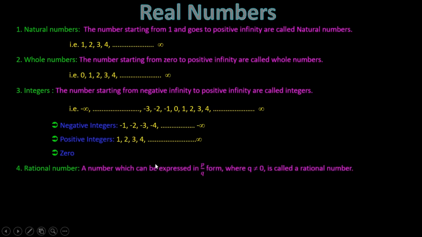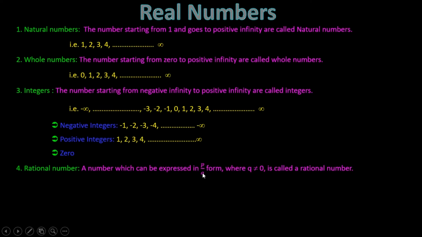And then we will see rational numbers. Rational numbers are also inside the real numbers. A rational number is a number which can be expressed in p by q form, where q is not equal to 0.